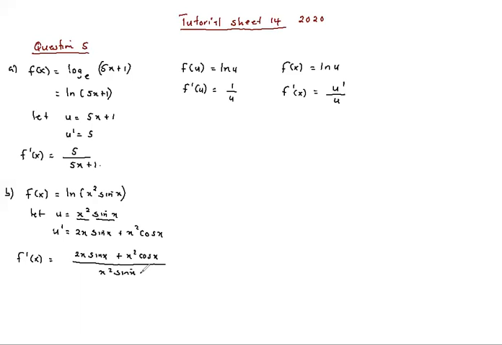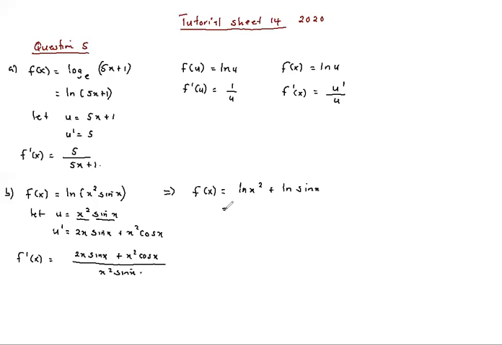Another way of dealing with such ln functions is this: because I know the properties of logarithms, if two functions are multiplying and they have the same base, I can split them by addition. So I can write this as ln x squared plus ln sine x.